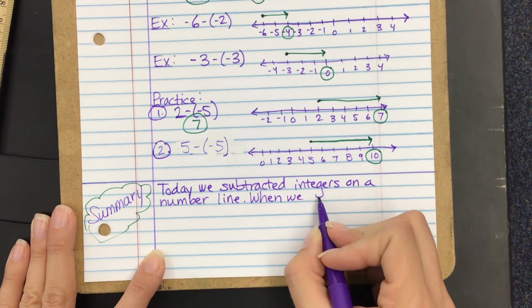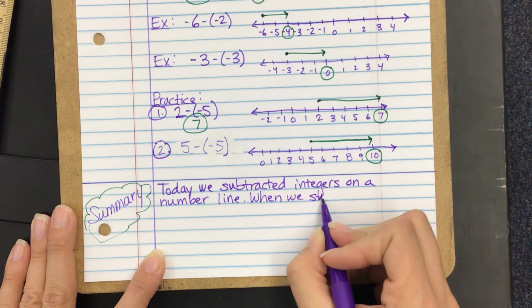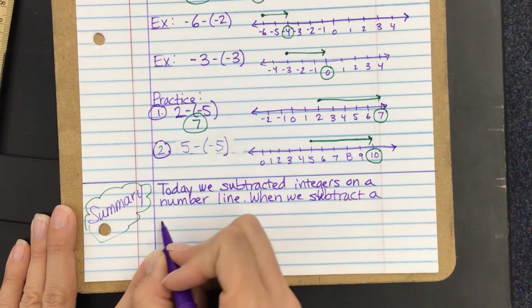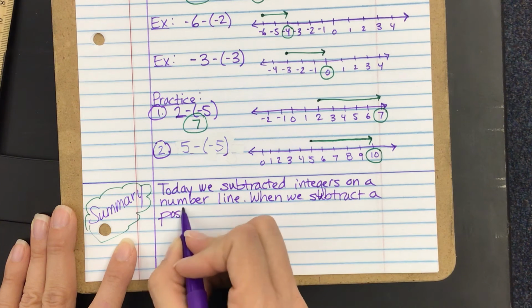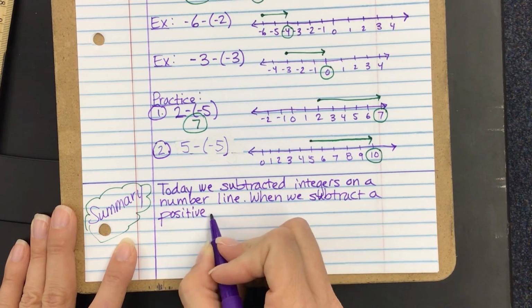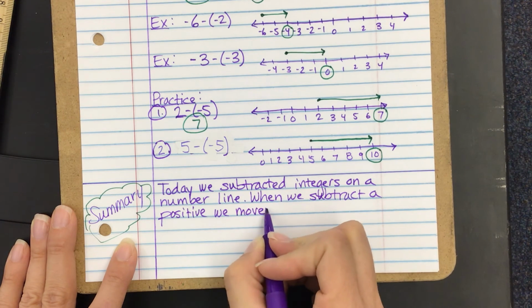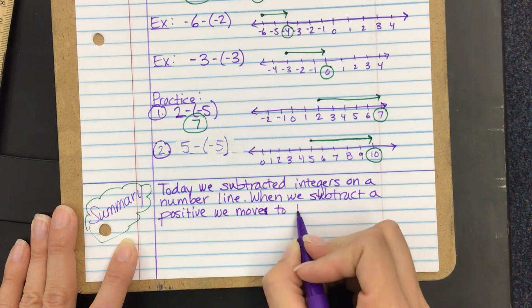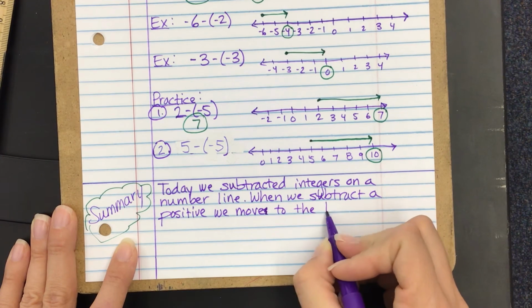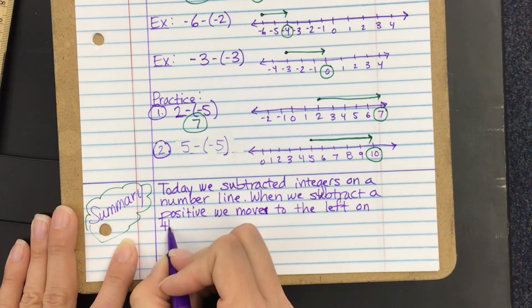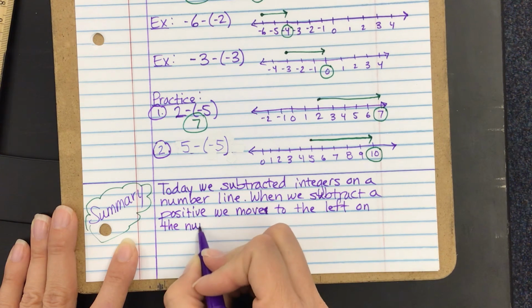When we subtract a positive, we move to the left on the number line.